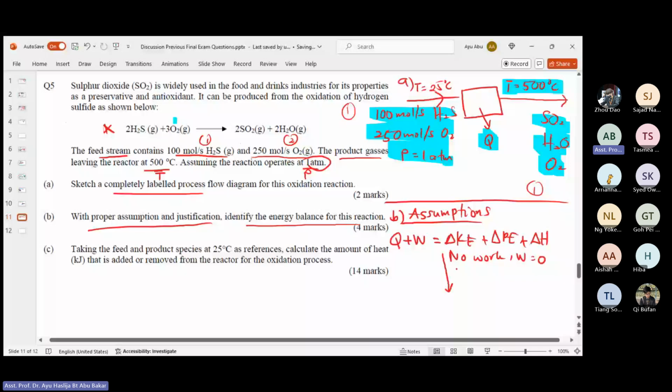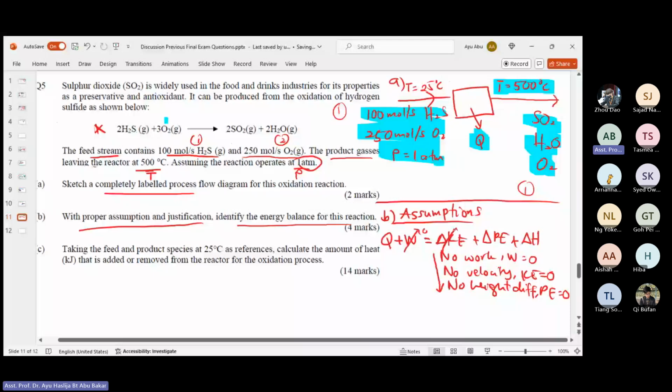No velocity, so KE equals 0. No height difference, so PE equals 0. Okay, 0, 0. Leaving Q equals delta H.